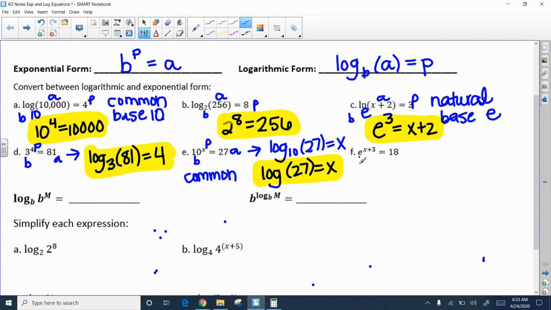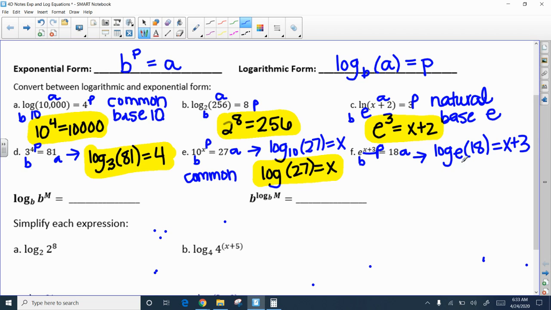So this time the base is e, the x plus 3, that whole expression is the power, and then the 18 is the a. So when I change it to logarithmic form, it's going to be log base b of a, so log base e of 18 equals p, so equals x plus 3.